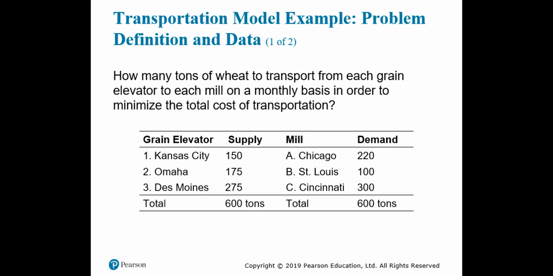So you move the grains from the grain elevator stations, which are 3 in number, and then you transport them to the mills, which are also 3 in number, but with different demand capacities. And if you sum the demand, it's also equal to 600. So supply is exactly equal to demand. So this is a balanced model. Okay.